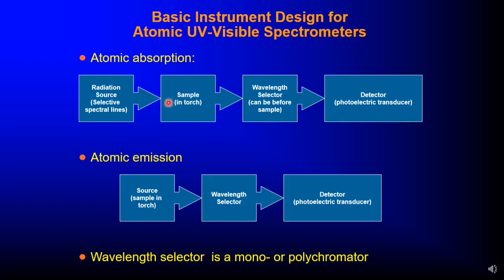It goes through a sample in a torch, then the wavelength selector, and then the detector. For emission, we don't have to do any absorption: the source and sample in a torch, then wavelength selector, and then the detector. So the wavelength selector is a mono or polychromator.